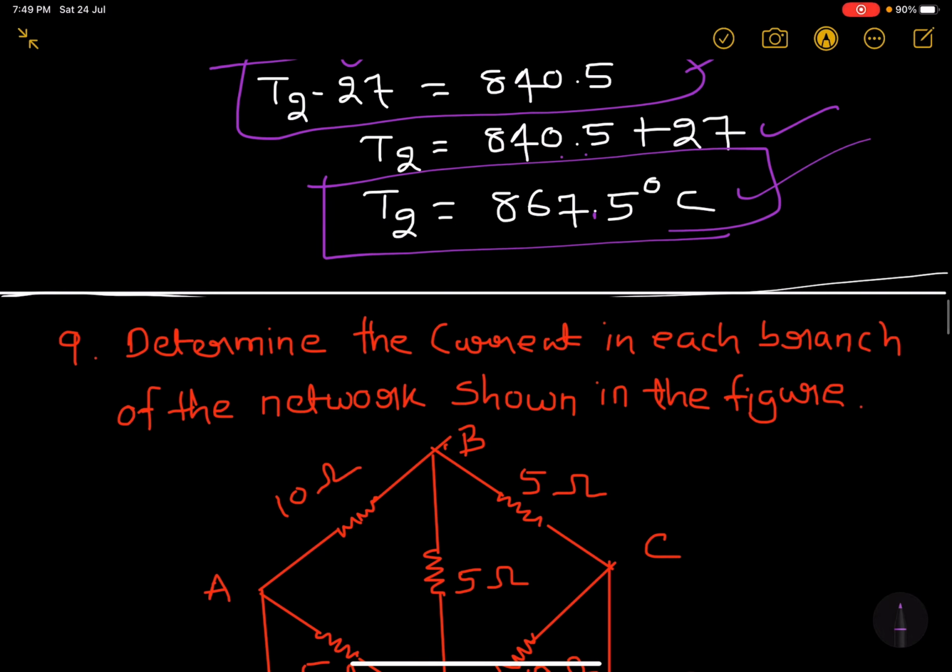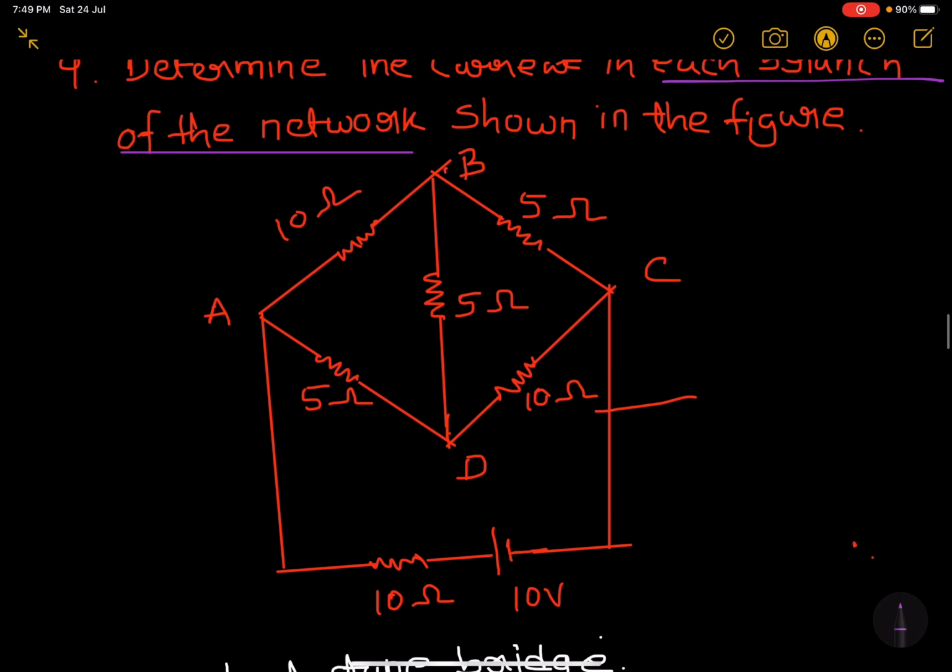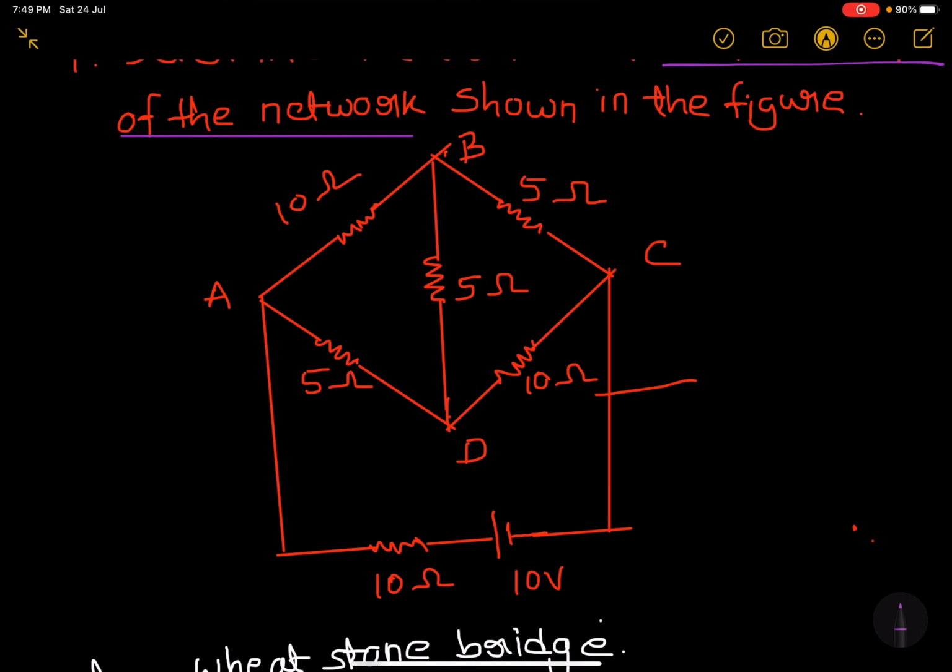Okay, in this ninth NCERT problem, determine the current in each branch of the network shown in the figure. Actually this kind of figure we call a Wheatstone bridge. Here, this is A B C D. So four resistors are there, and in the middle one resistor, so we call this a Wheatstone bridge.